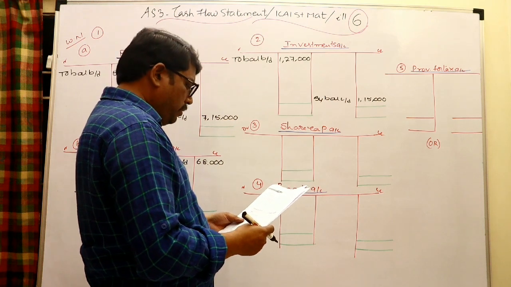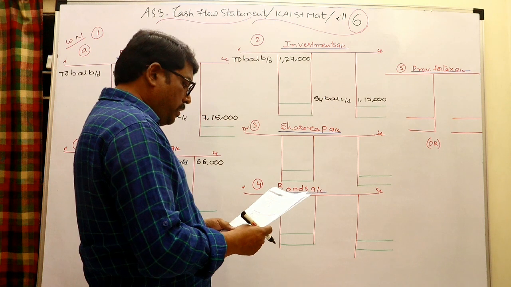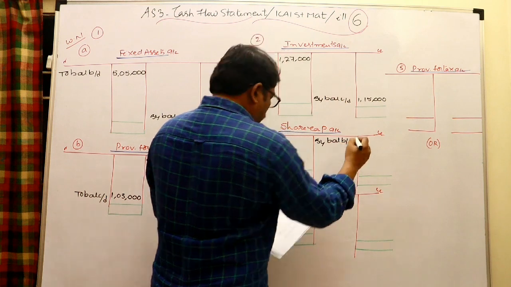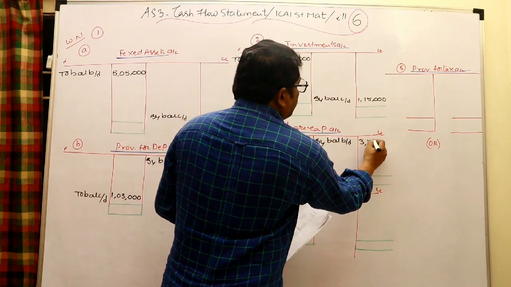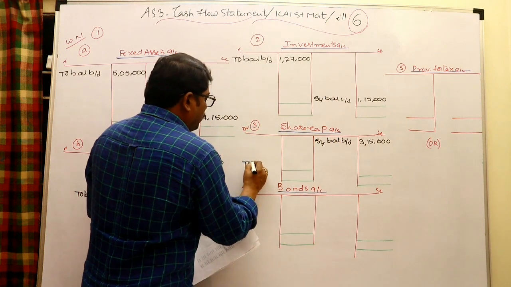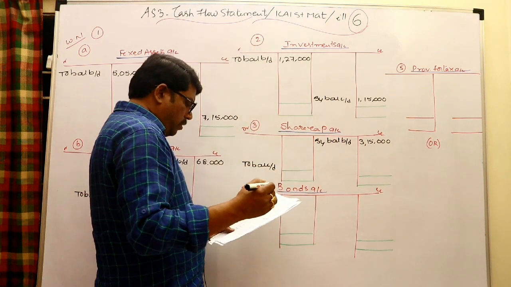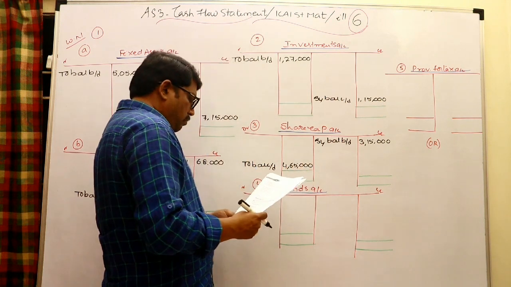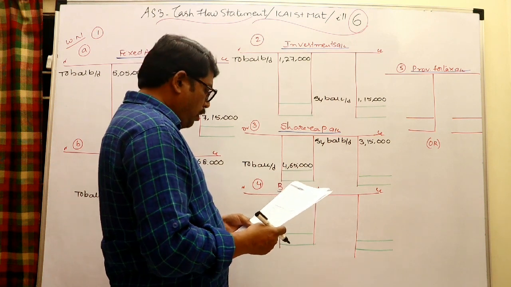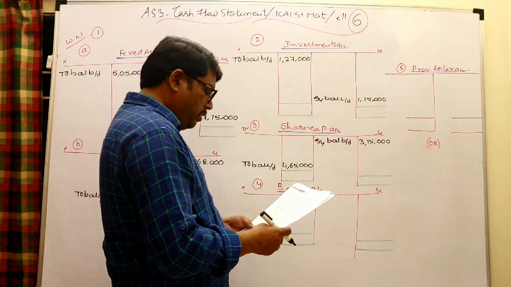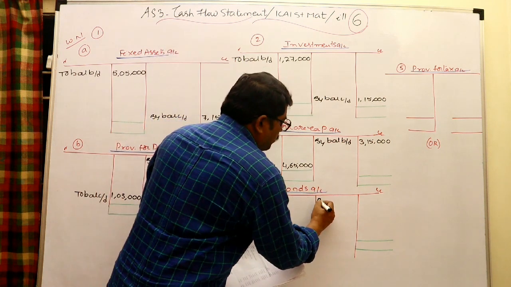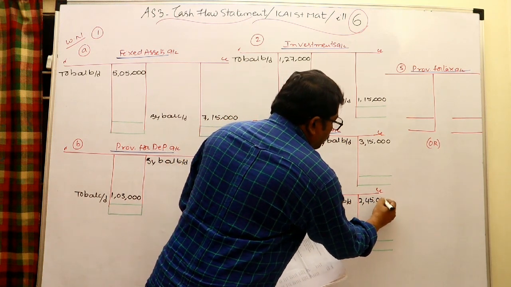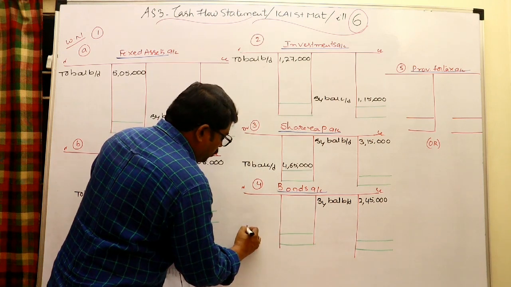And share capital opening 3,15,000, credit balance 3,15,000, closing 4,65,000. Bond is a liability, opening 2,45,000, closing 2,95,000.